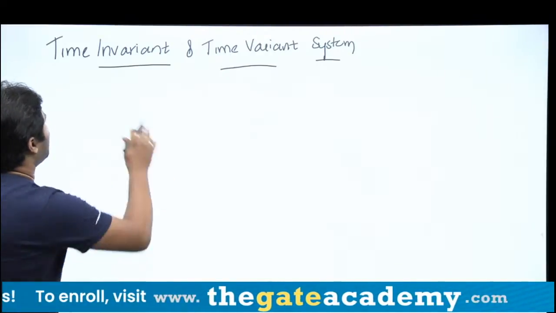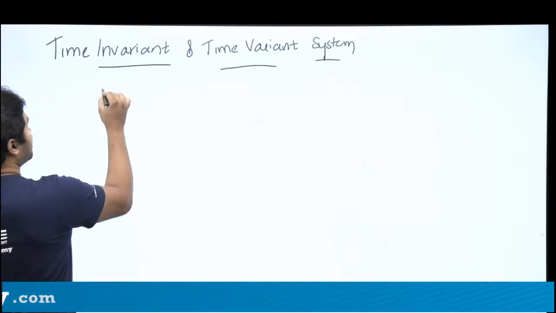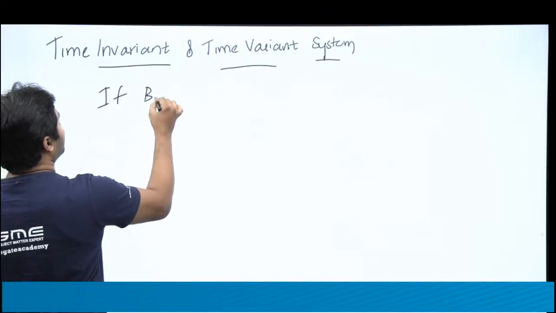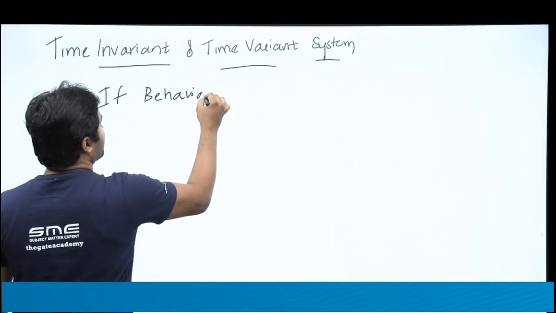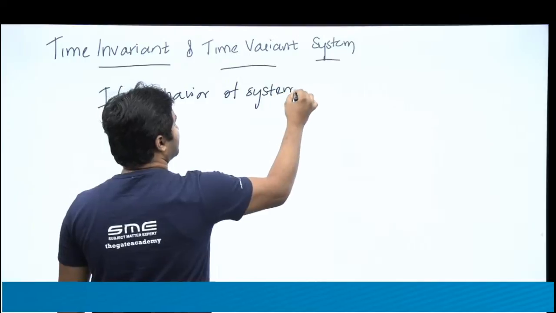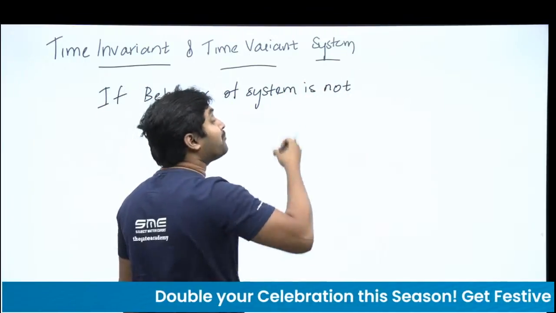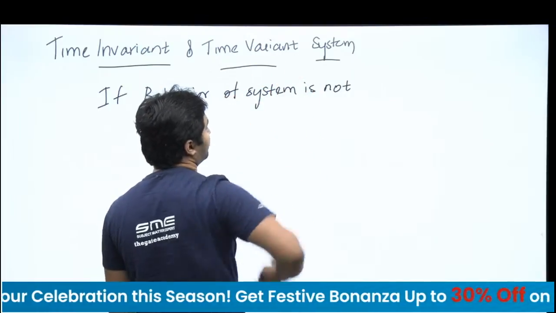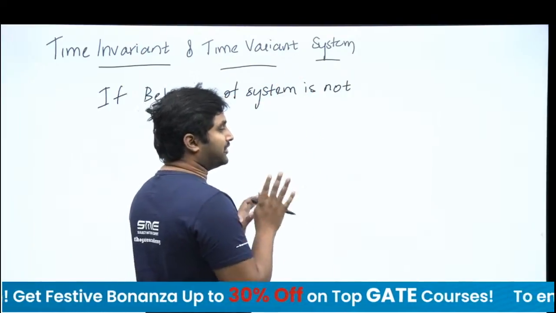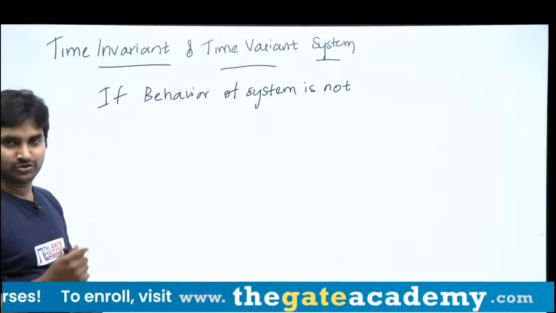So time invariant, time variant system. If the behavior of the system is not changing with time, there are some very important points in this concept. If you know those important points, you can directly solve the problem in most cases.